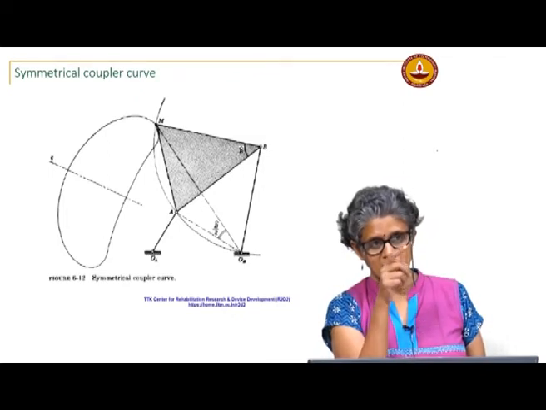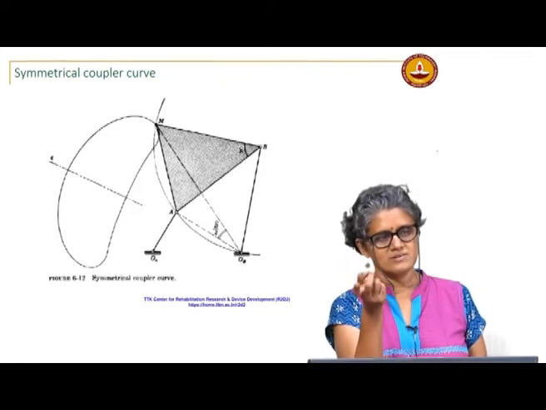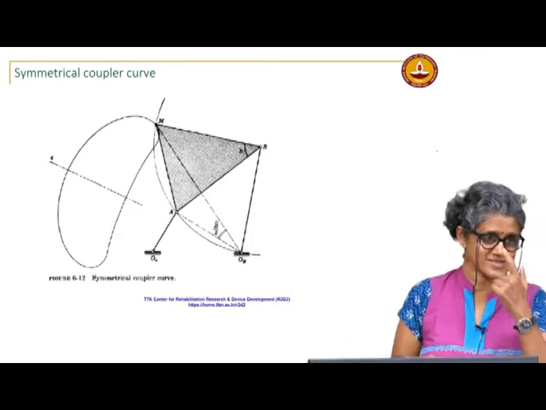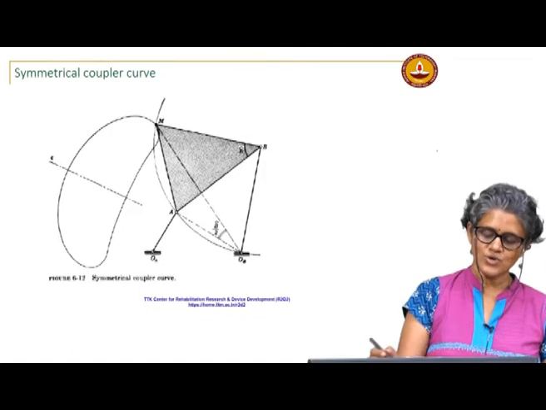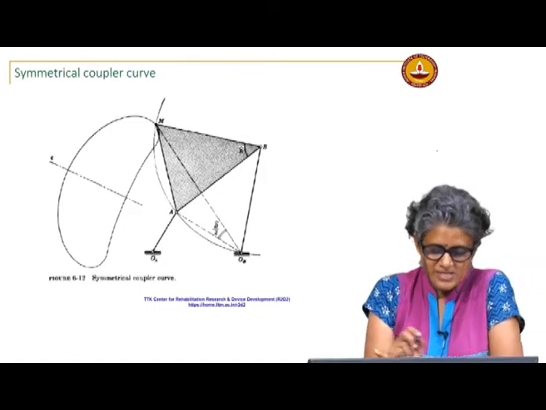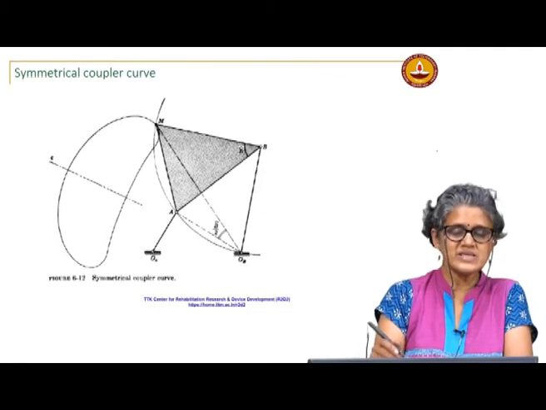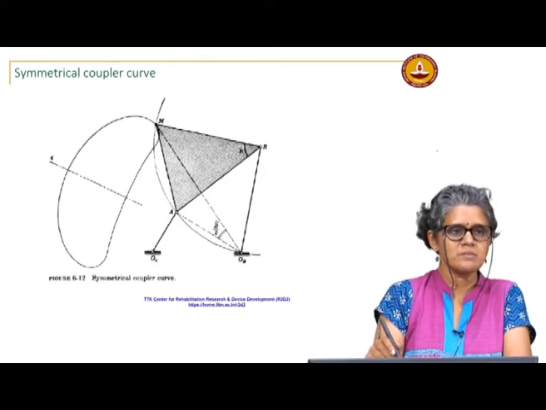So, then again, if you want to generate something that has two cusps, we have to see that again, it is an interesting case, come back to that. Okay. So, let us look at how we would design a linkage to generate a symmetrical coupler curve.